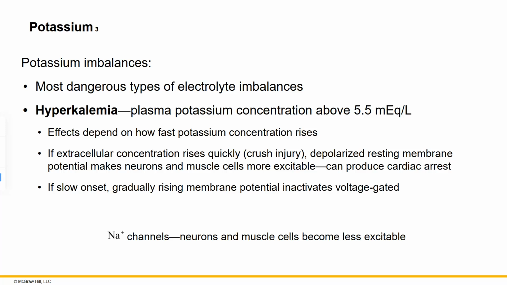Hyperkalemia: plasma potassium concentration is high. Effects depend on how fast the potassium concentration rises. Since potassium is supposed to be inside of your cells, if your cells break open, you're going to see a spike in potassium levels.